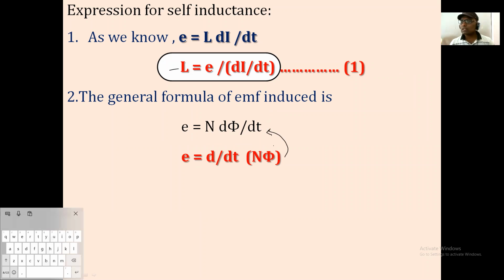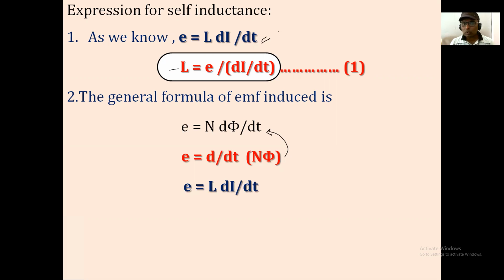These two equations are nothing but the same. Get it my point? Okay. And now according to this equation, can I write that E is equal to L di by dt? Out of that, L is the constant, just like N. So I can write E is equal to d/dt of Li.